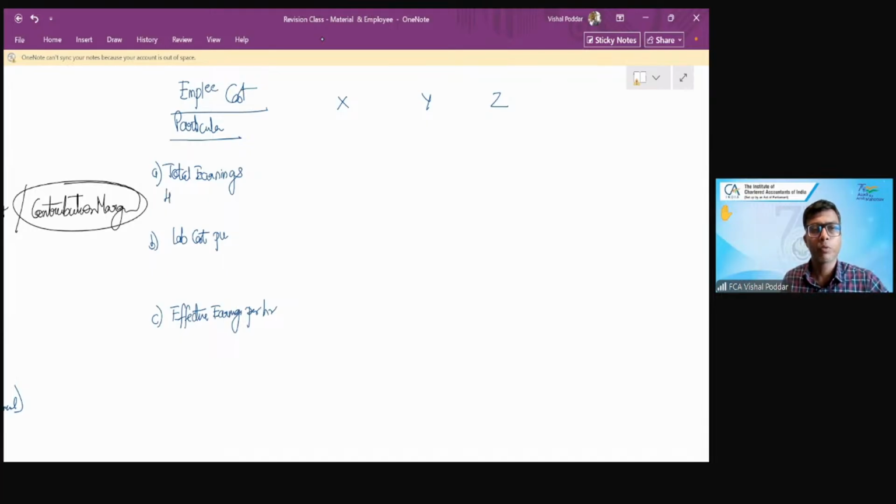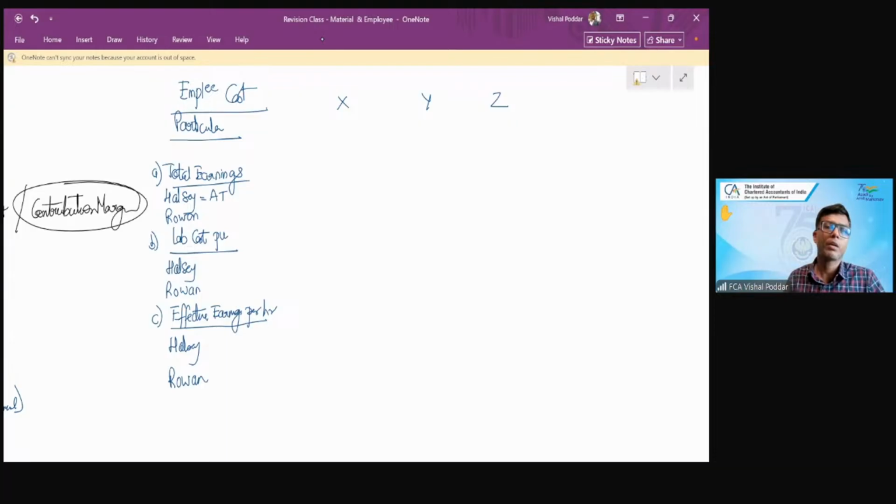Now everything I have to do by two formulas. I'll say Rowan 1. Earning is finding out the total wages.